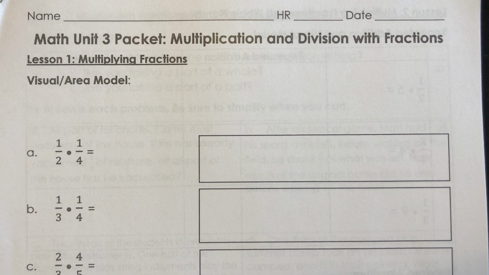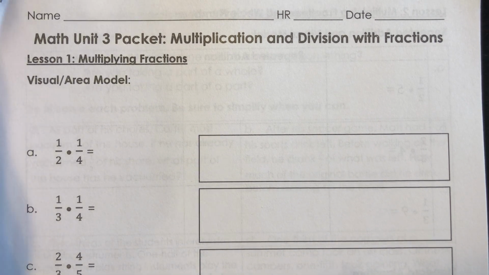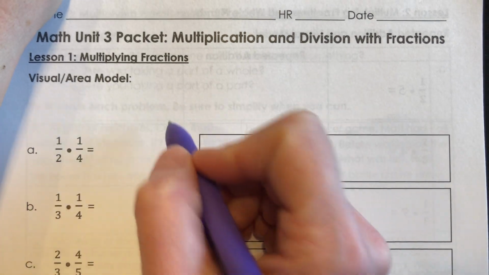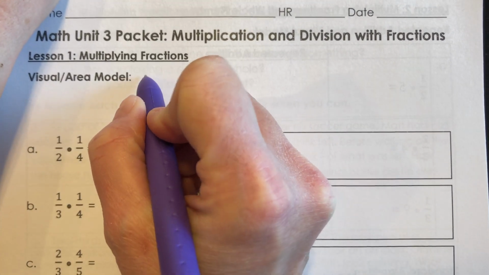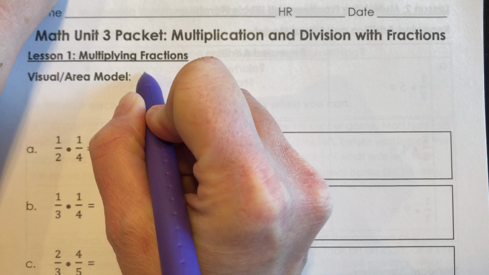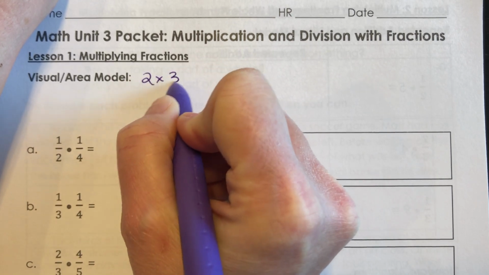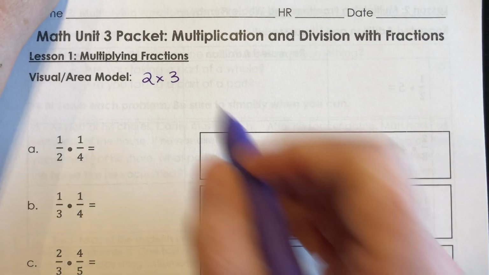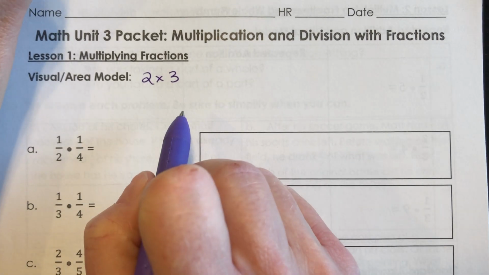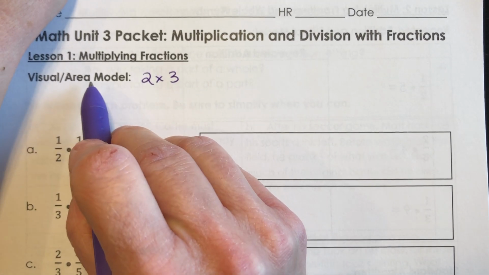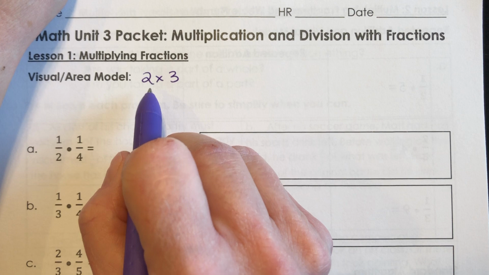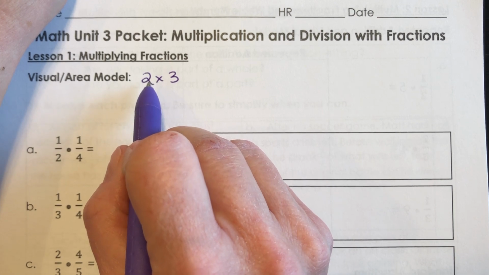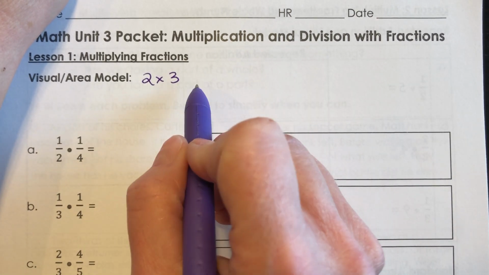But you learned, and again, you should write down everything I write, then I'll know that you watched this. So for the visual area model, let's think of a problem like way back when you had to do 2 times 3, okay? So we know that 2 times 3 is 6, right? But one of the ways you learned to solve this was to use square units, like actual little squares.